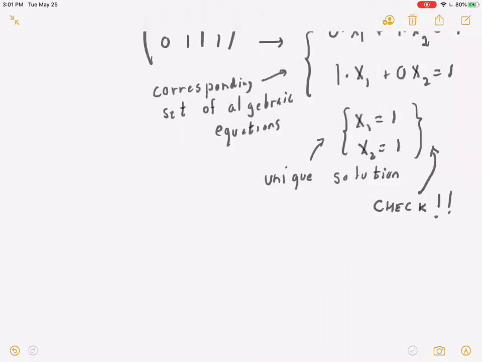So the method, so what is Gauss-Jordan elimination?